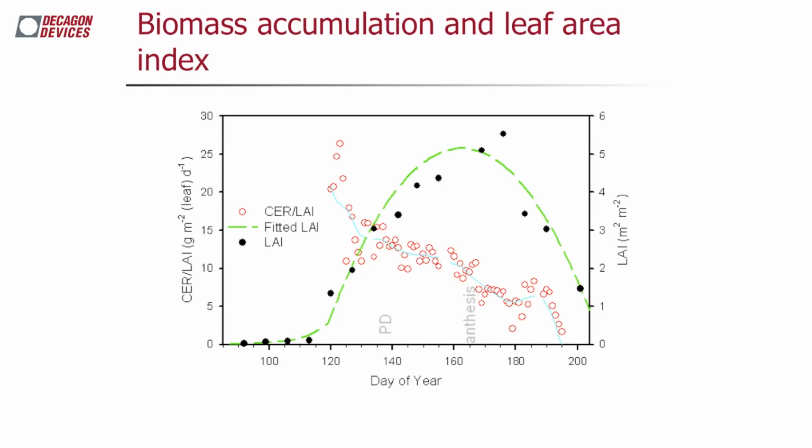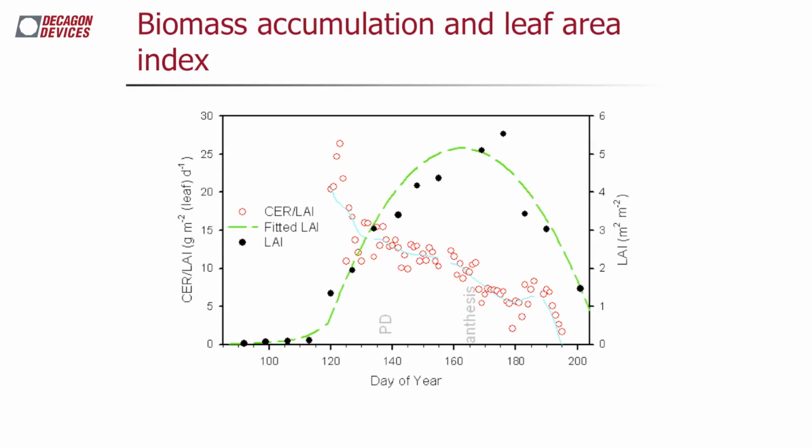One of the things we really wanted to know at the outset was, as these plants change, what happens when we look at carbon dioxide exchange on a daily basis per unit leaf area? So how is that changing over the season? It was interesting to find out that we had a gradual downward trend over the season as we went through panicle differentiation and anthesis, or heading.